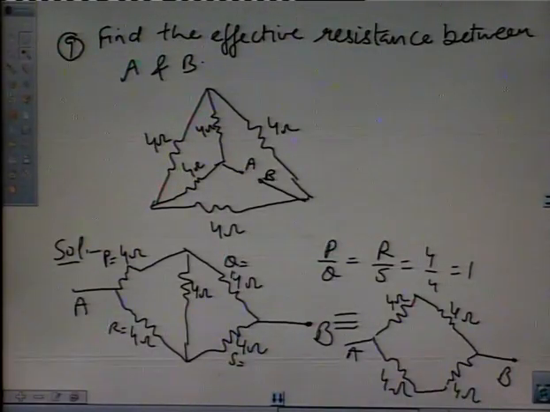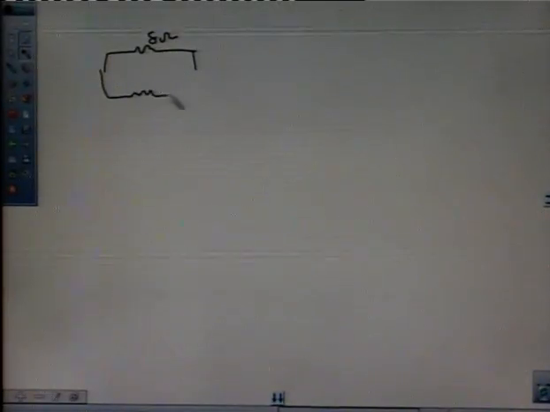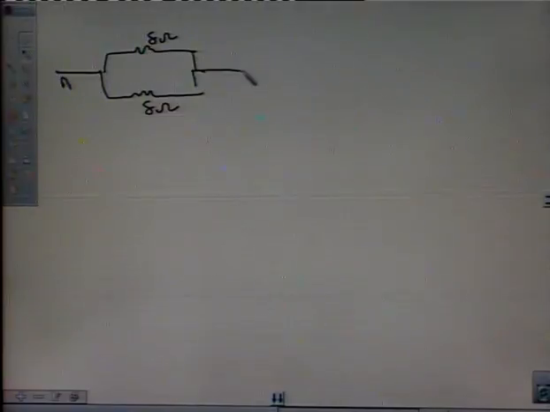In this circuit we see that 4 ohm and 4 ohm resistances are connected in series, and these 4 ohm and 4 ohm are also connected in series. So when we take their equivalent circuit, it comes out to be 8 ohm above and 8 ohm below the points A and C. So between A and C, 8 and 8 ohm resistances are in parallel.